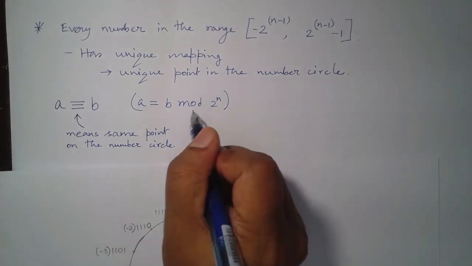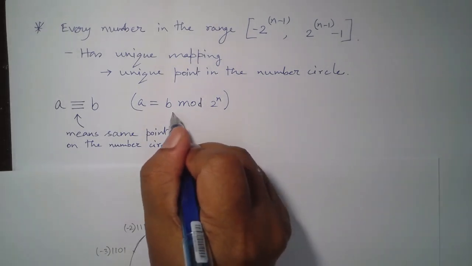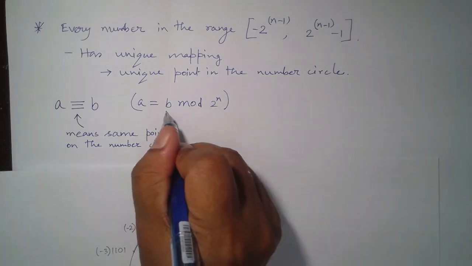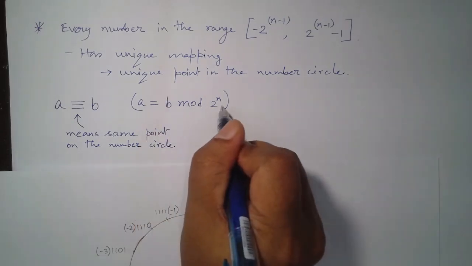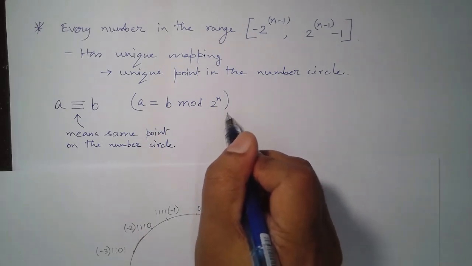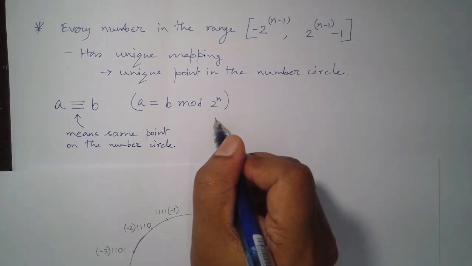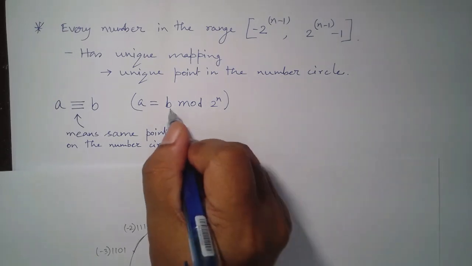Basically, it's the remainder. So b mod 2 to the power n means b divided by 2 to the power n, and whatever is the remainder, that is the answer.